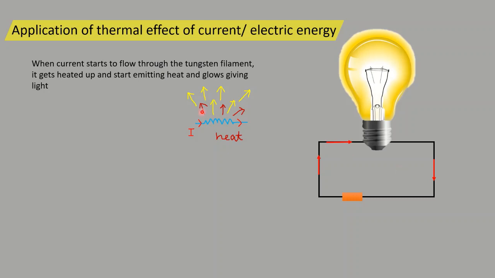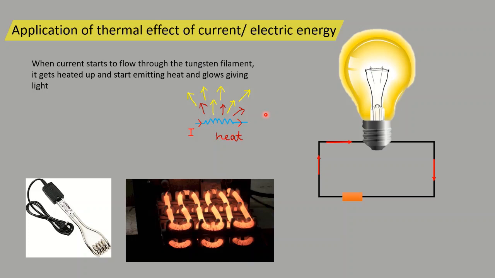When the current passes through the tungsten filament, it generates heat energy due to the thermal effect of current, and with the generation of heat it starts to glow, which provides us with light. So this is a great example of how the thermal effect of current is helpful to us. Next you can see a few other devices that work on the principle of the thermal effect of current.